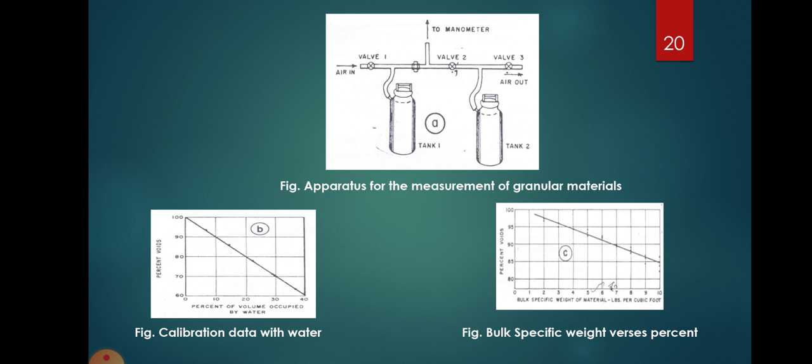The valve V1 is placed just before tank 1, valve V2 is placed after tank T1 but before tank 2, and tank 2 is filled with some amount of grain. That tank contains grain and some white space. And valve 3 is placed just after tank 2. What type of arrangement is to be made, we have already discussed in our previous slide. So these are some graphs obtained.